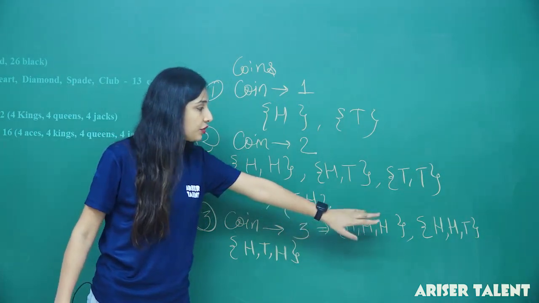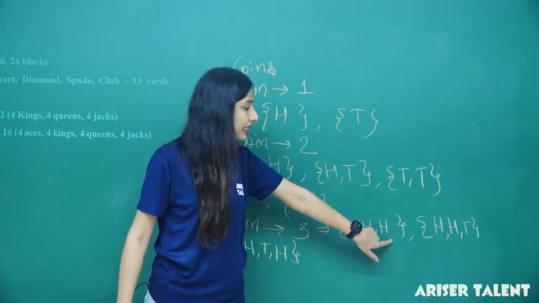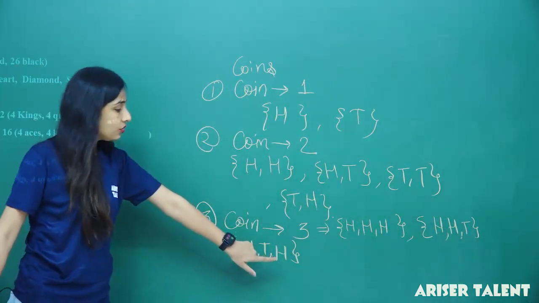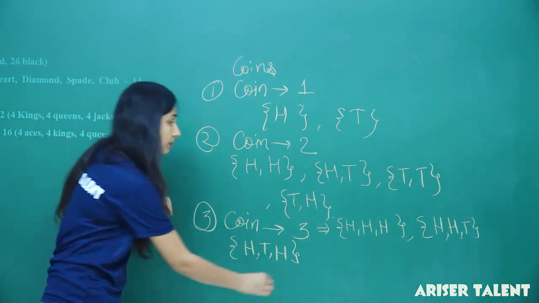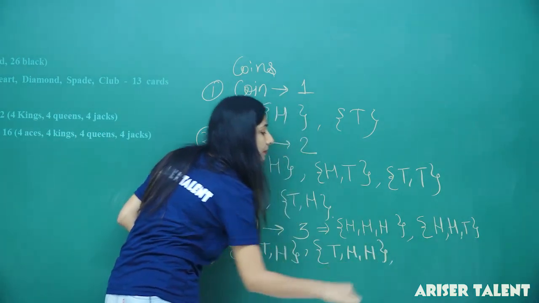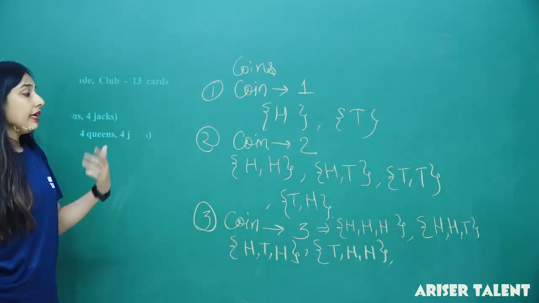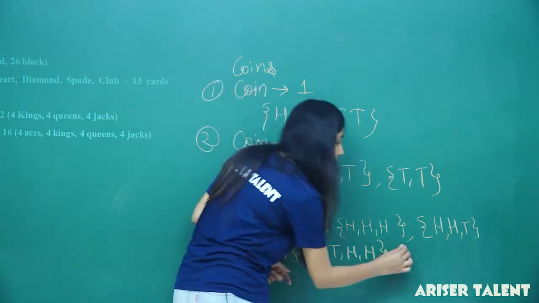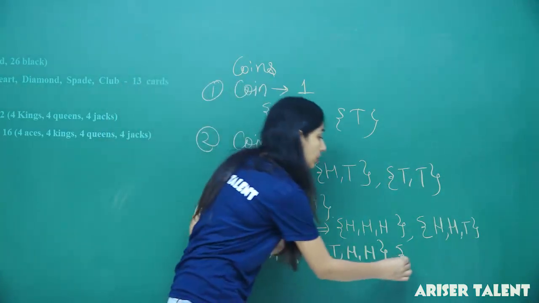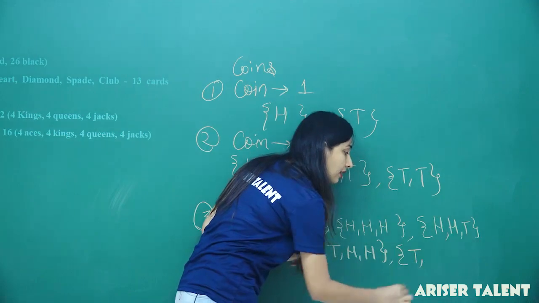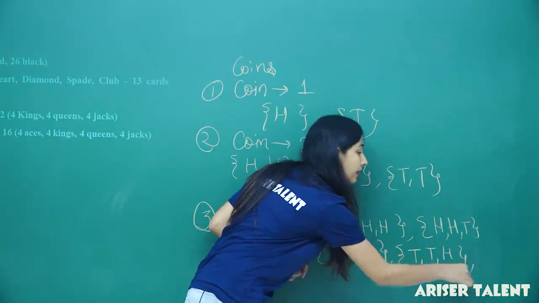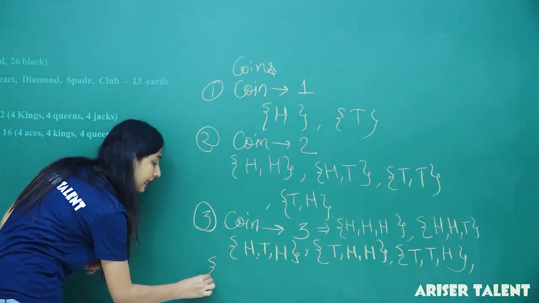I am taking the combination where I am getting 2 heads and 1 tail, or complete heads. Okay, so now I am shifting. First, I have taken complete heads, then I have 1 tail and 2 heads. Now again 2 heads, 1 tail. Now it may be like this also, tail and head and head, right? In the next scenario, I can get 2 tails and 1 head. So, tail, tail and head. 2 tails, 1 head. Then I'll toss the coin and I'll get what?